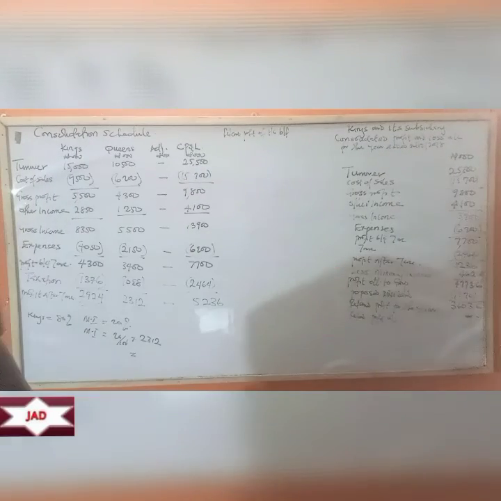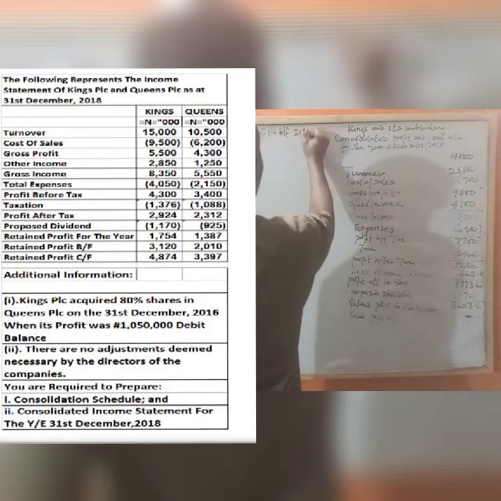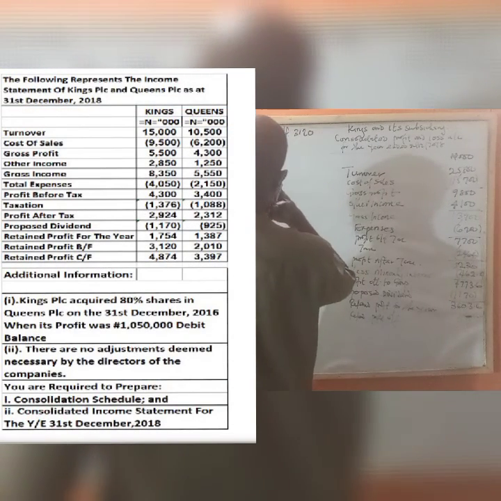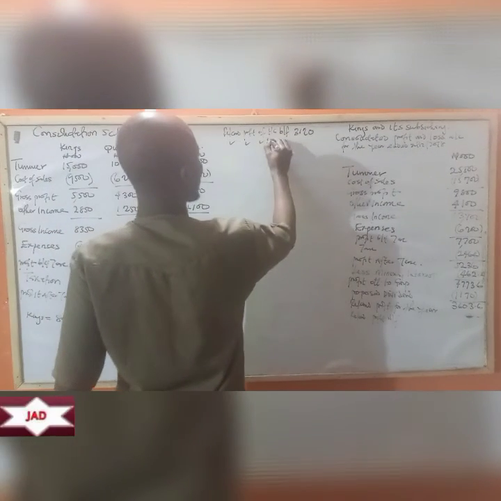What's the question saying? 3120. So the retained profit of the subsidiary.